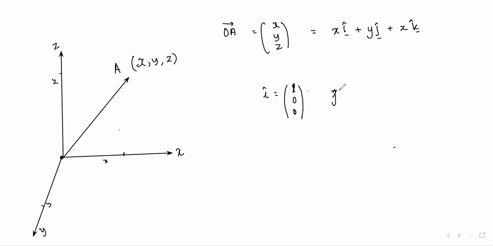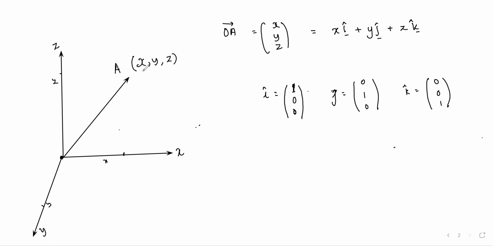The j is (0, 1, 0), the unit vector in the y direction, and k is (0, 0, 1), written in 3 dimension. This is the unit vector along the z-axis.